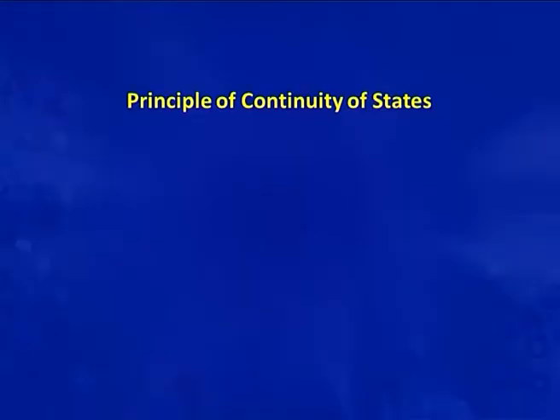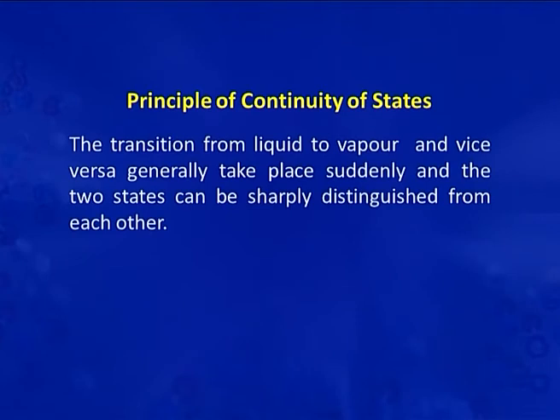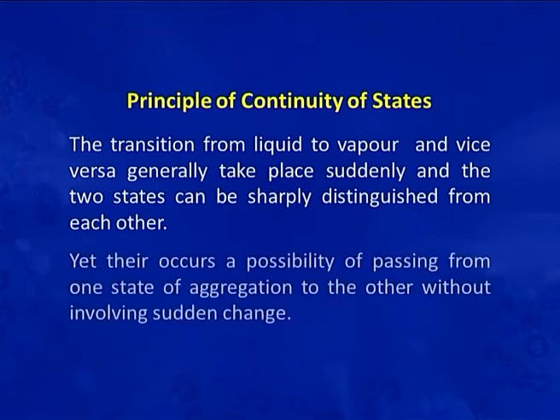Now, let us discuss the principle of continuity of states. The transition from liquid to vapor and vice versa generally takes place suddenly and the two states can be sharply distinguished from each other. Yet, there occurs a possibility of passing from one state of aggregation to the other without involving sudden change.